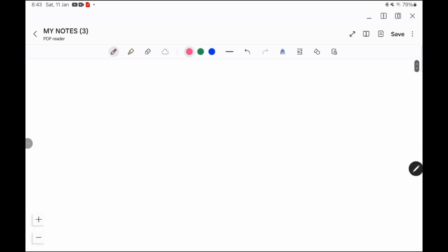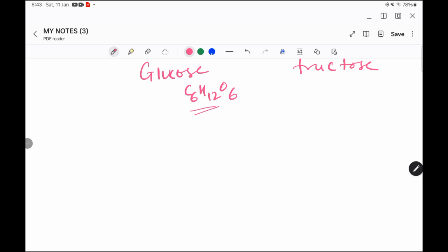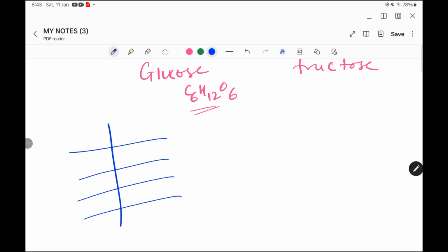So I'll now explain how to draw the structures one by one. The basic ones I'll show you first, the glucose and the fructose, right? So you must practice this, children. The formula of glucose and fructose both is the same, that is C6H12O6. So first, what we do here is we draw the Fischer projection formula.